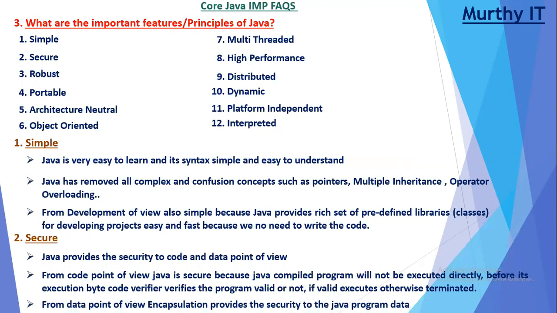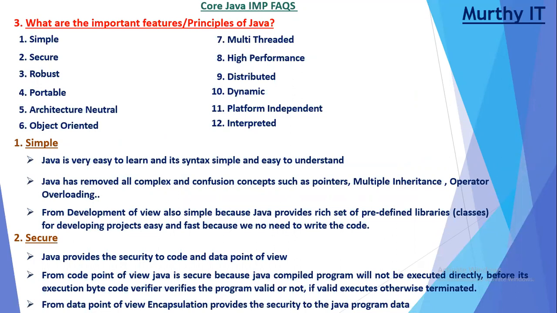From the data point of view, I told two points: code point of view and data point of view. Code point of view, I already told, because of the bytecode verifier our dot class file is secured. Data point of view, how is it secured? Because of encapsulation. We create our variables as private.